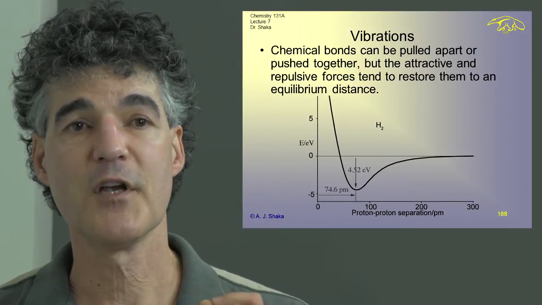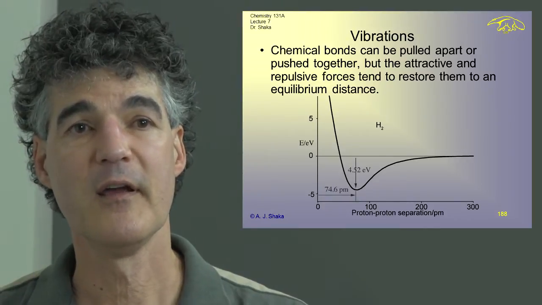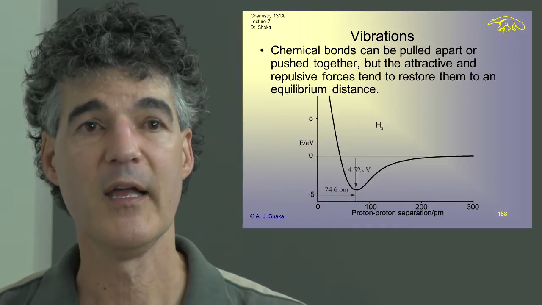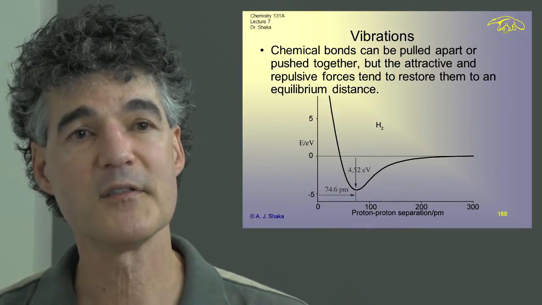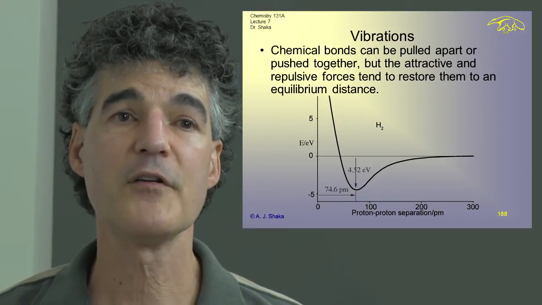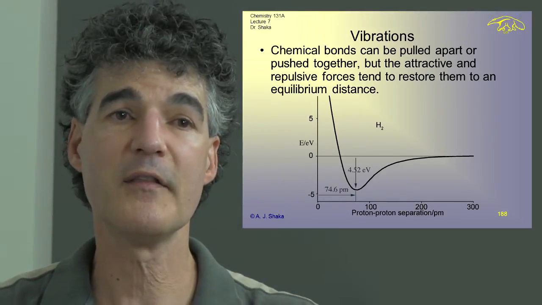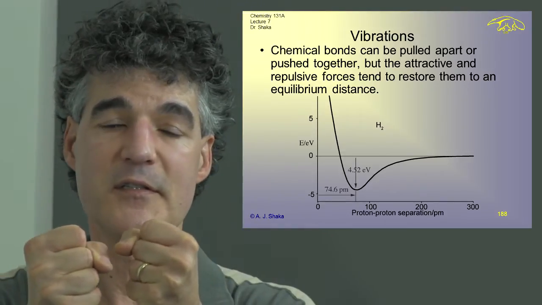Here what I've shown is a potential energy curve for the hydrogen molecule, H2, the simplest molecule. The proton-proton distance is along the x-axis in picometers, and the energy, the electronic energy, so we calculate this curve by moving the protons together at different distances.